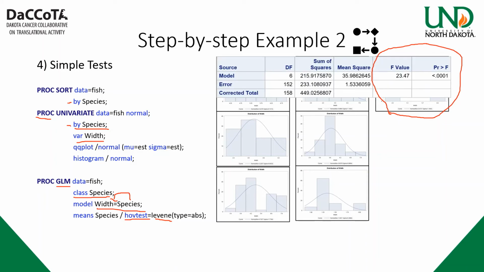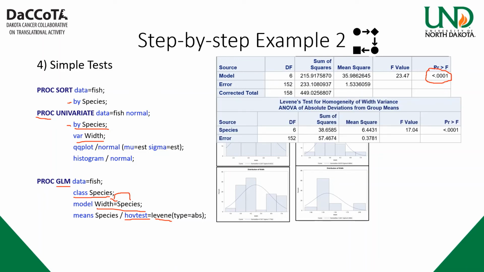First, this is just the actual generalized linear model. There's some stuff going on here, but really what we see is that it's significant, which means at least one of those 7 different species of fish has a significantly different width. Then we can go on to Levene's test for homogeneity. The null hypothesis is that they have equal variance.